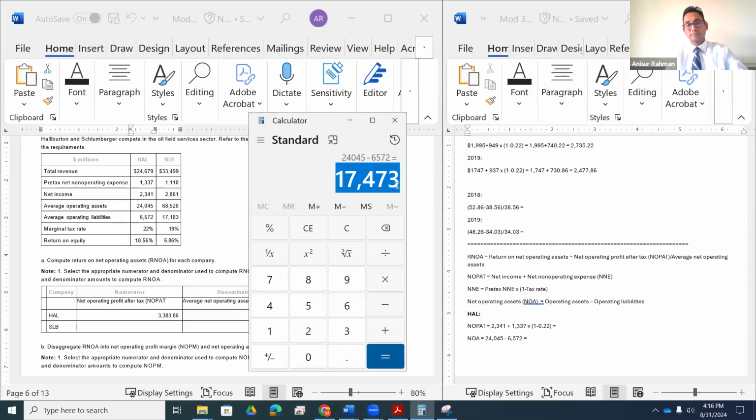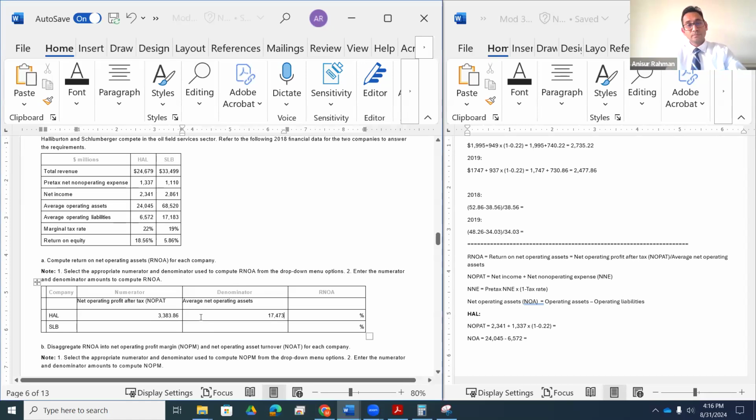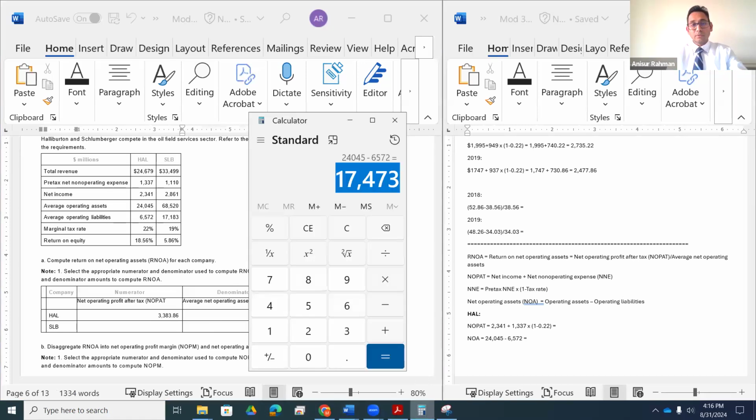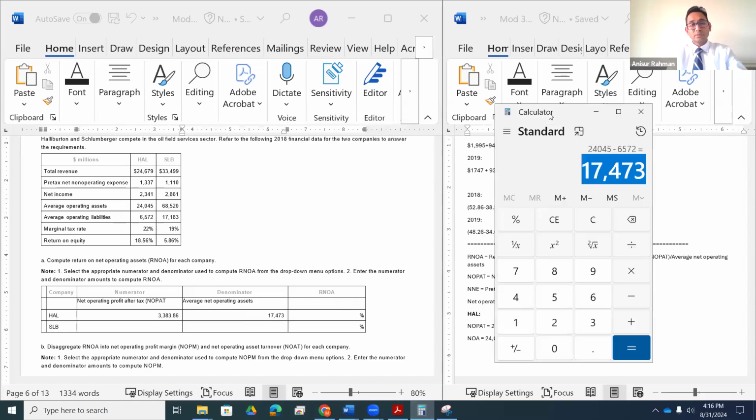It is correct. I'm going to write this down here. Now calculate the ratio. Remember, return on net operating assets is equal to NOPAT divided by average net operating assets.